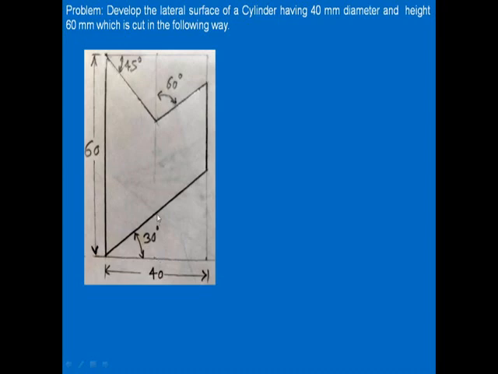The first cutting plane is this plane. This cutting plane is at an angle of 30 degrees to XY line, and it starts from the left corner of the base. So this is your first cutting plane number 1.